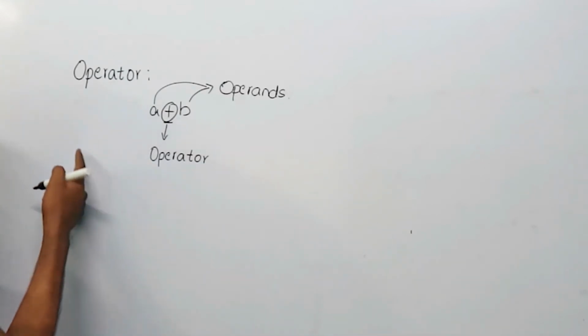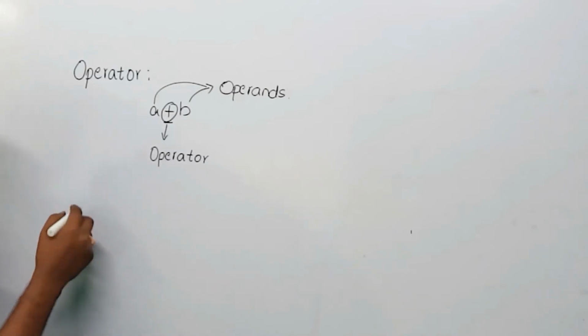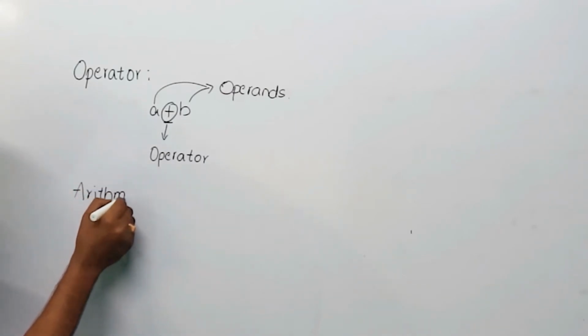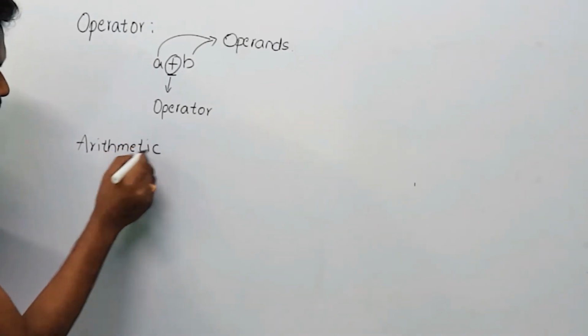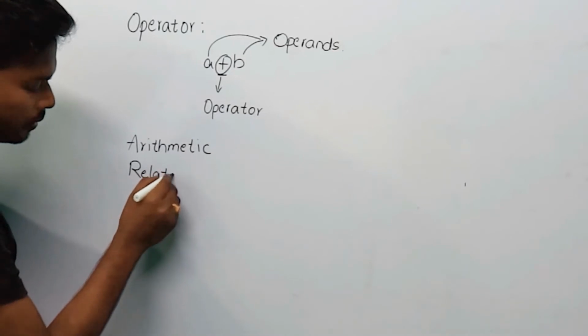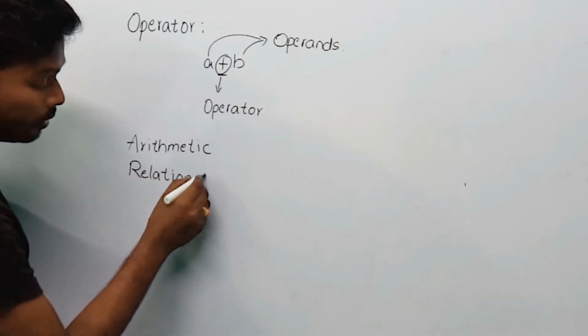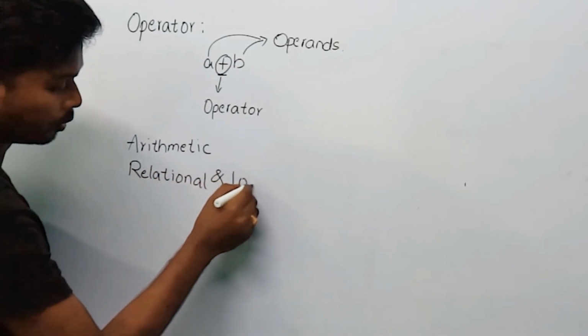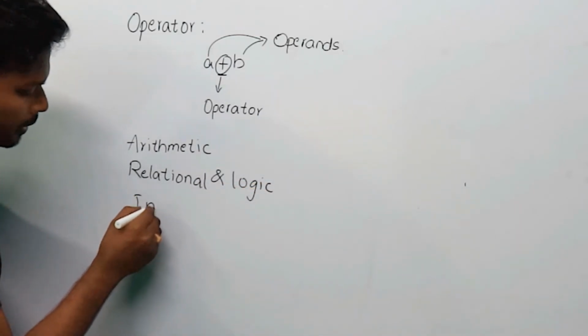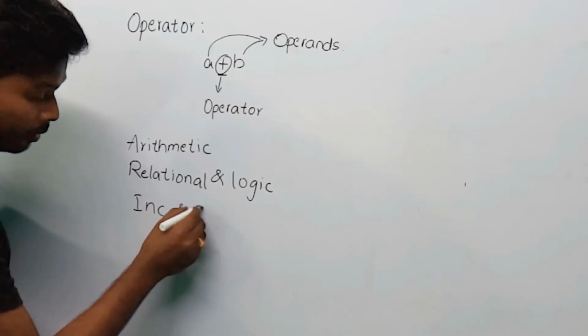So how many types of operators do we have? We have arithmetic operators, relational and logic operators, increment operators and decrement operators.